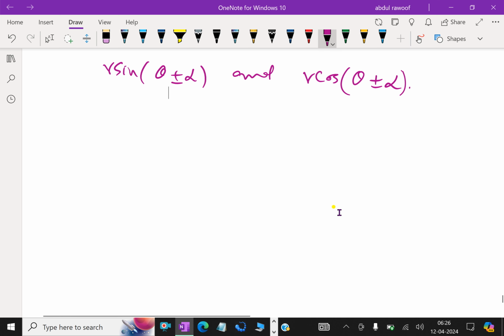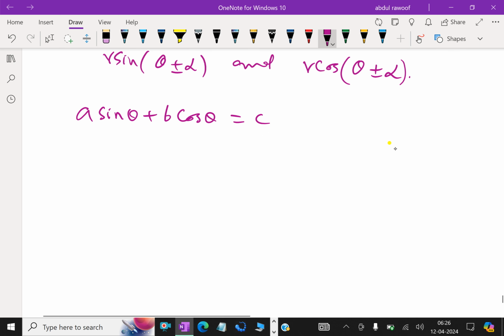Consider the equation a sin theta plus b cos theta equals c. It's a general form. We have to find this as a single expression.